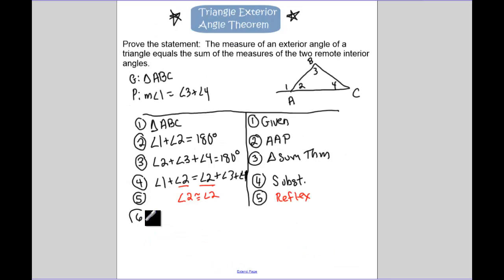So then my step 6 is angle 1 is equal to angle 3 plus angle 4. And that is by subtraction. So this is a geometry concept I want you guys to know. Angle 1, the exterior angle, equals the sum of those remote interior angles.